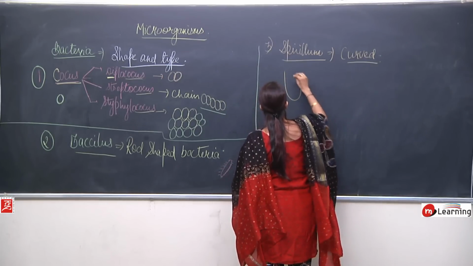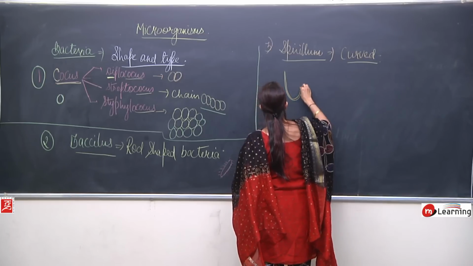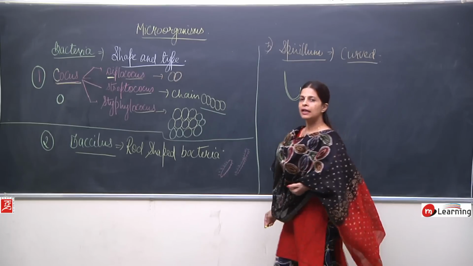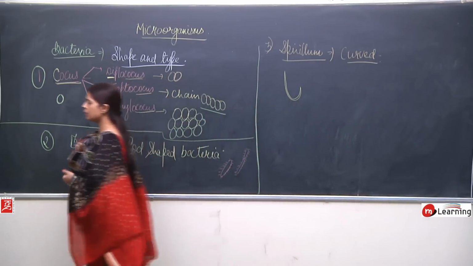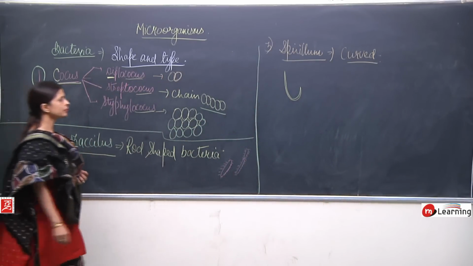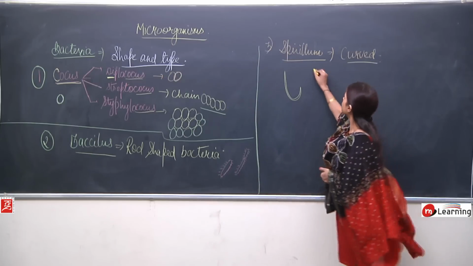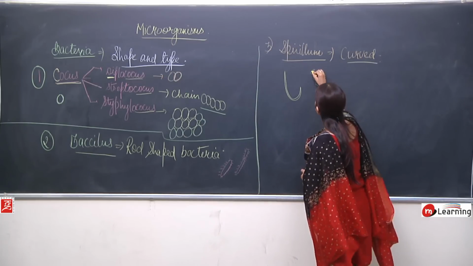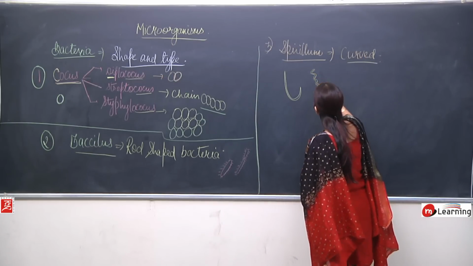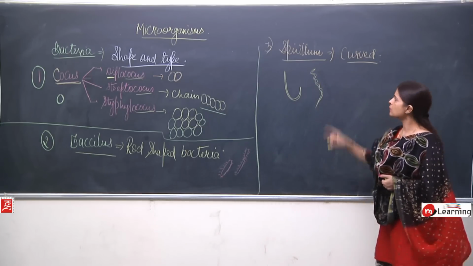Like this. That means the bacteria are not straight, they are not spherical, rather they are curved shape. These are the curved shaped bacteria and not the straight ones. So, this is known as Spirillum.